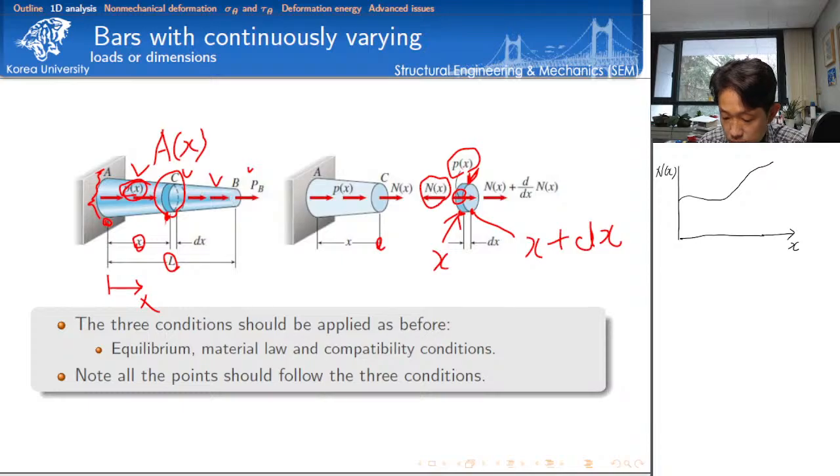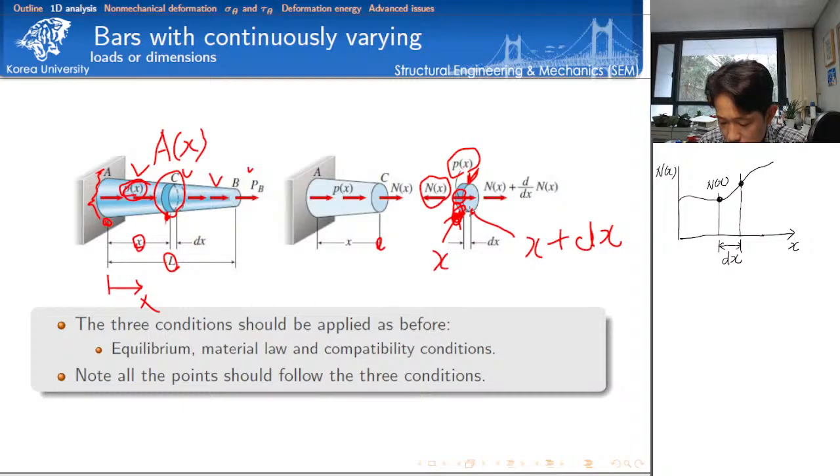Let's say I want to consider a point here, the left point of this lecture note, and let's consider the change of segment dx. So we are here, and we have N(x) here.